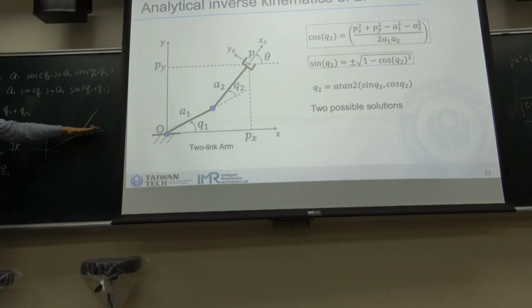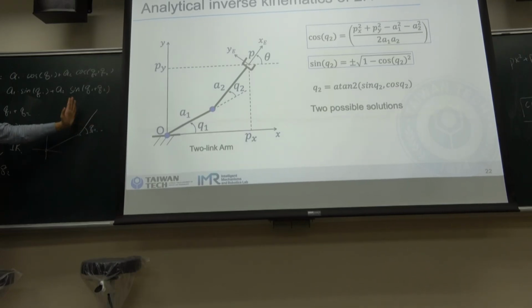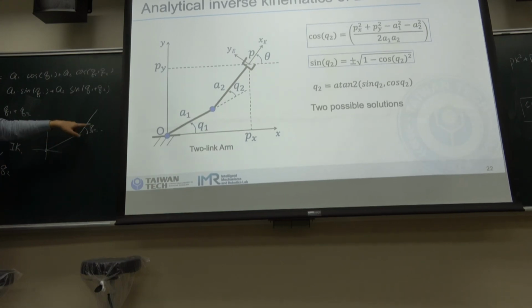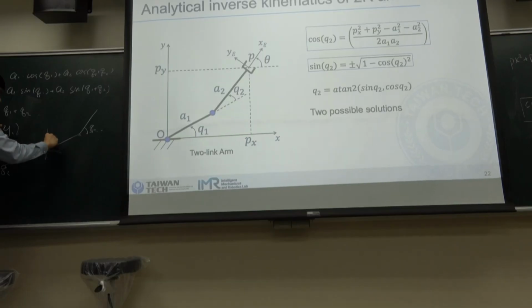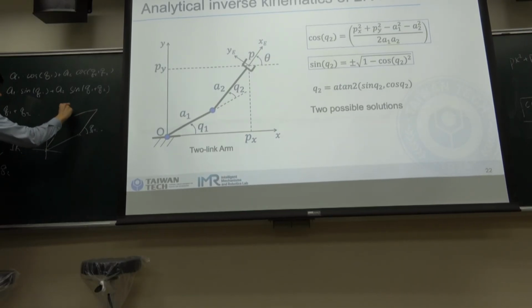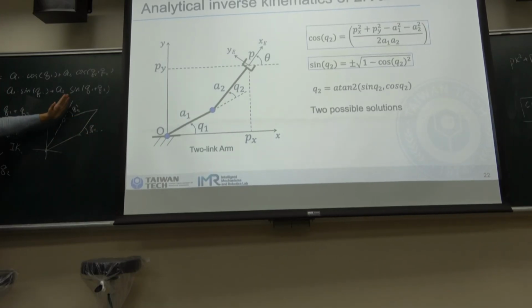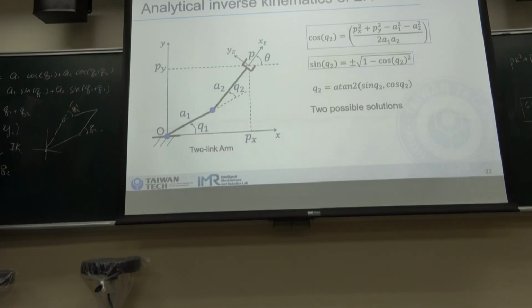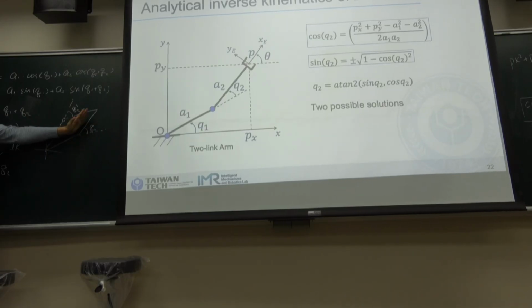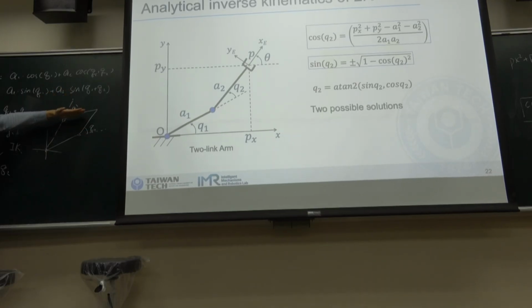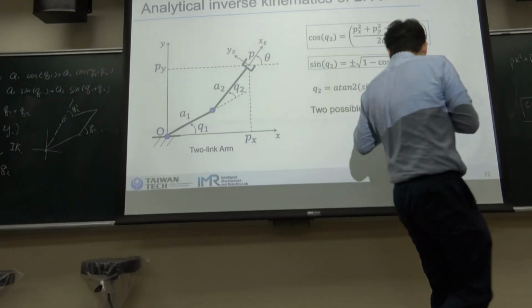So here is 0, and we rotate by an angle. So it's a positive solution. And for another solution, we can see here is q2. So this q2 solution will be negative because here is 0. If we rotate from this line in this direction, the q2 is positive. And if we rotate from this line to this solution, this q2 is negative. So these are the two solutions for the q2.